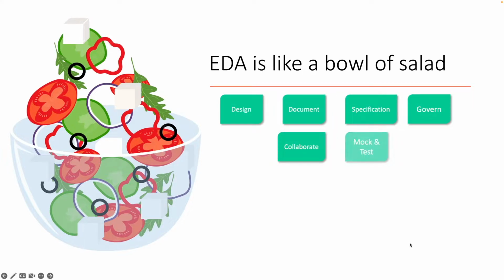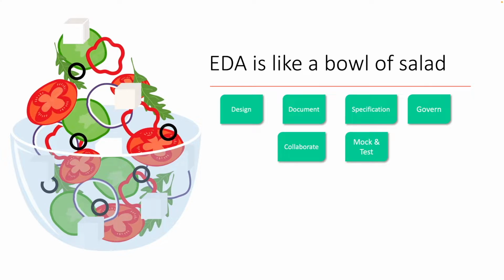When you tackle an event-driven architecture, there are things like designing your event-driven architecture, documentation and specification. You want to govern your EDA, collaborate between different team members. You want to mock and test your different applications and events. So this is the design time aspect of an event-driven architecture.